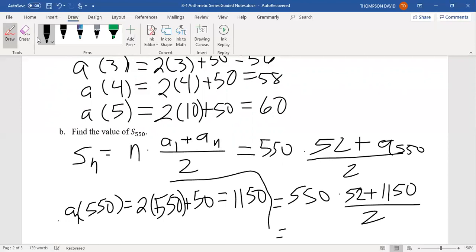Put this in the calculator. Times 52, you might want to use parentheses. I'll add some parentheses. 150, and then divided by 2, and we get the sum to be 5,050. And we're done.